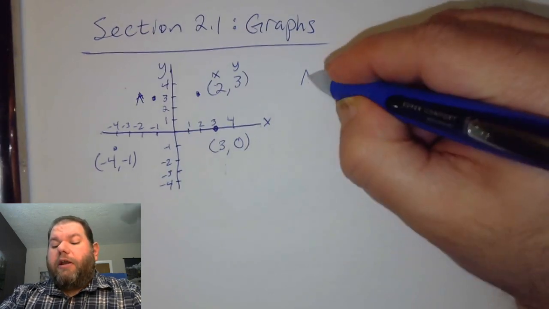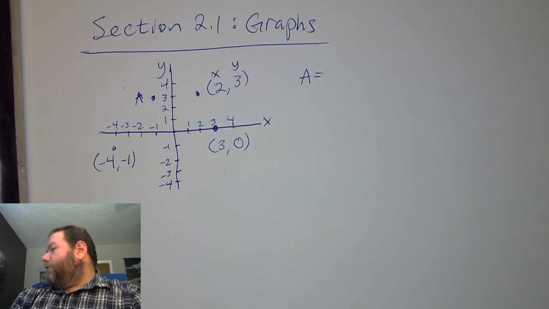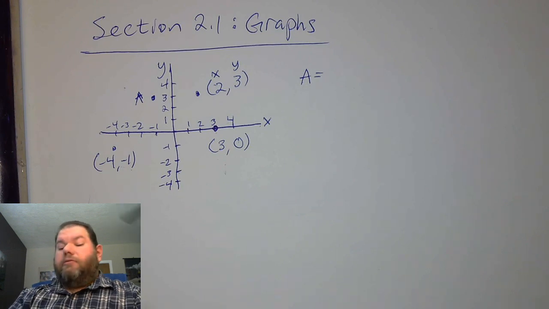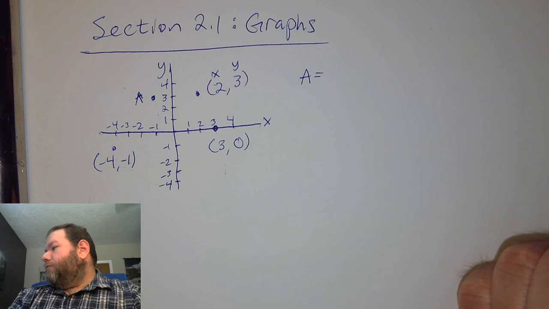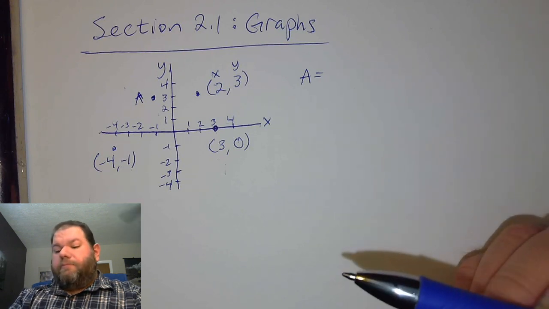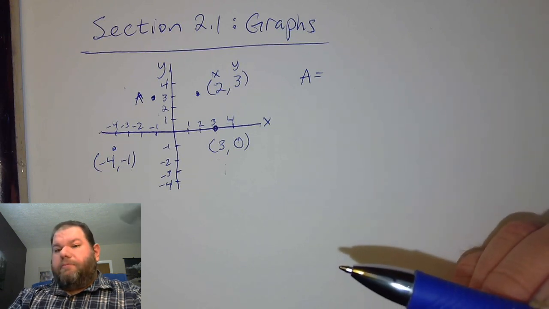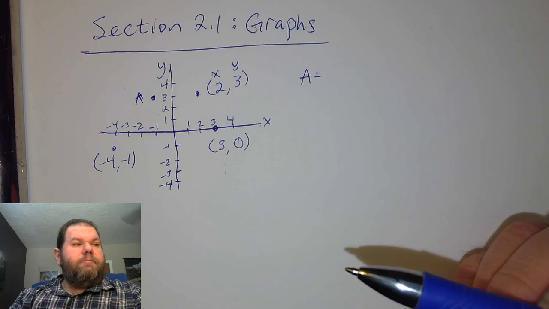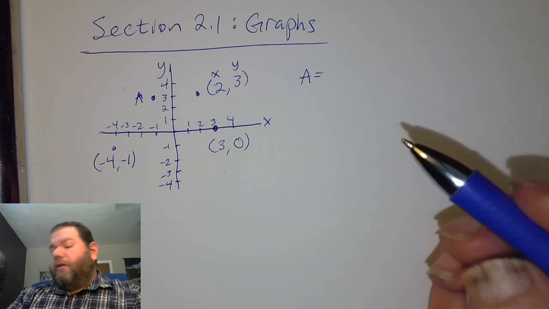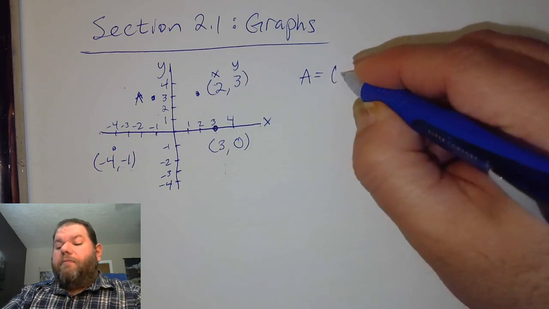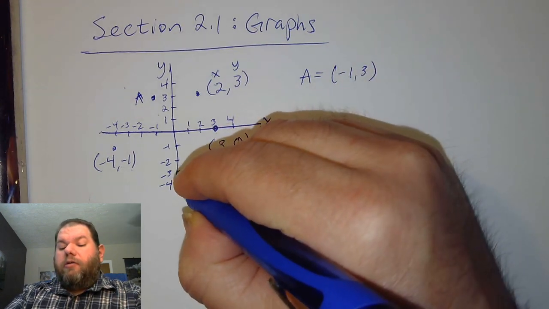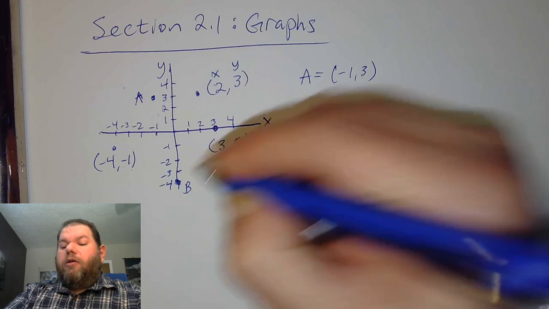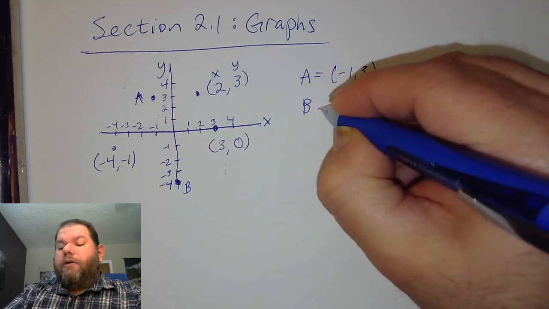So what would coordinate A equal? (-1, 3). What about coordinate B?